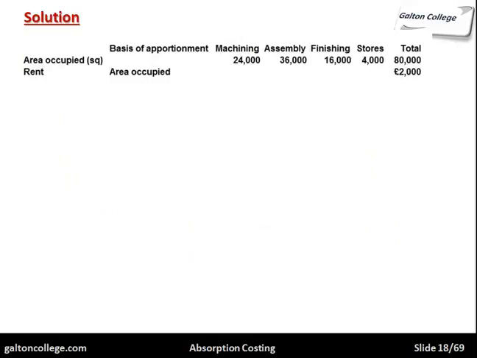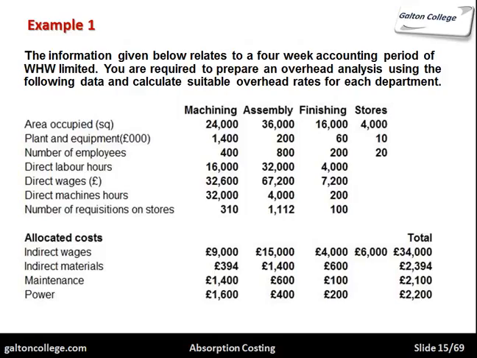So let's start with looking at the basis for apportionment. Now let's take rent here. We've got machining, assembly, finishing and stores as 80,000 square feet. Now you'll recall that this was what we had earlier.